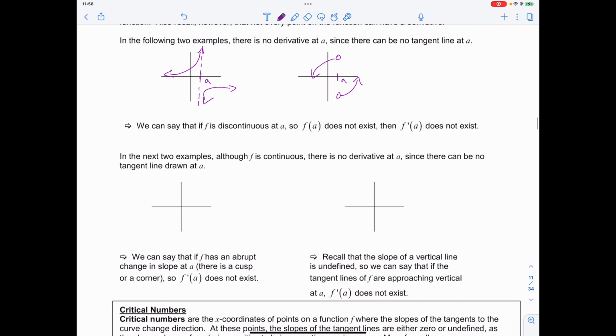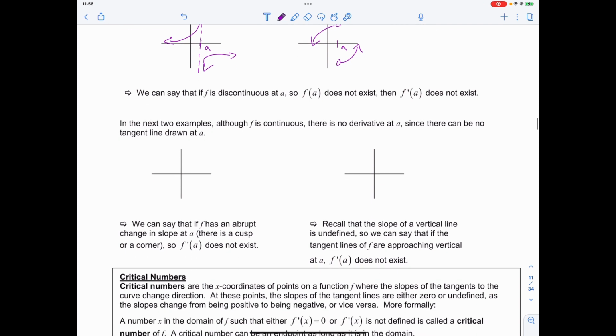We can say that if f is discontinuous at A, so f of A does not exist, then f prime of A does not exist, because remember that the derivative always has to have a domain that is a subset of the original function. In the next two examples, even though my original function is continuous, there is no derivative at a since no tangent line can be drawn at a. So this is when f of x does exist, but f prime of x does not exist, in this case, for a.